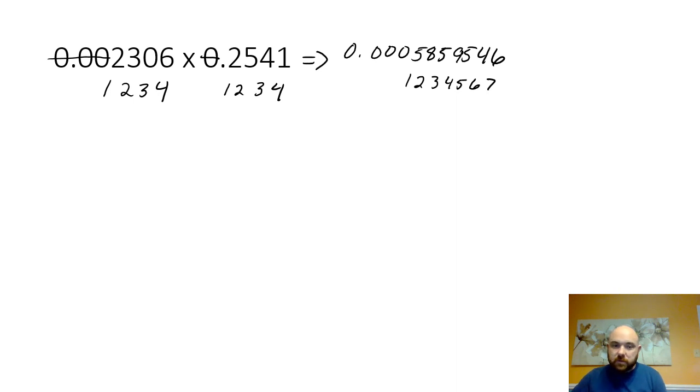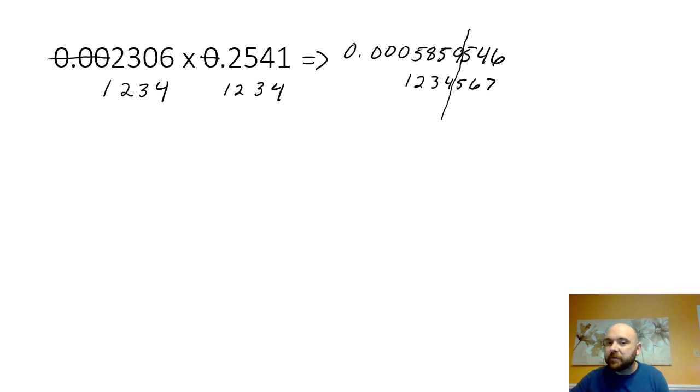Because both of these had 4 significant figures, we want to round off to 4 significant figures. So we're going to round off at this position right here. We need to determine if the number after it is going to change our number, and it is 5 or higher, so we'll change the number in front of it.